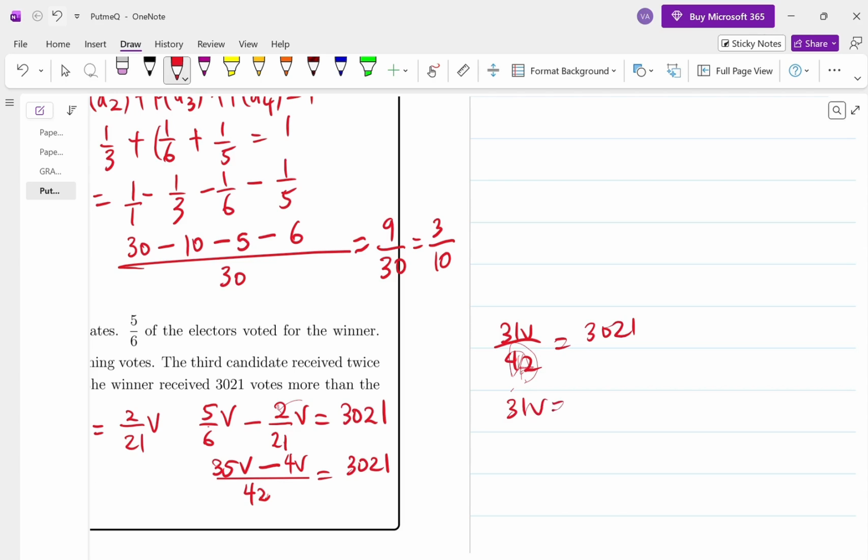So I said divided. Sorry, that's supposed to be times. Because when you cross multiply, 3,021 will be multiplied by 42. So V would then become 3021 times 42 over 31 because we have to divide both sides by that.